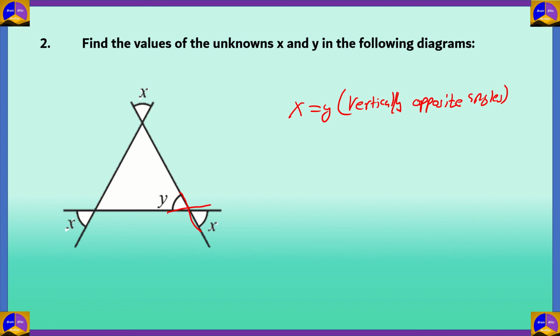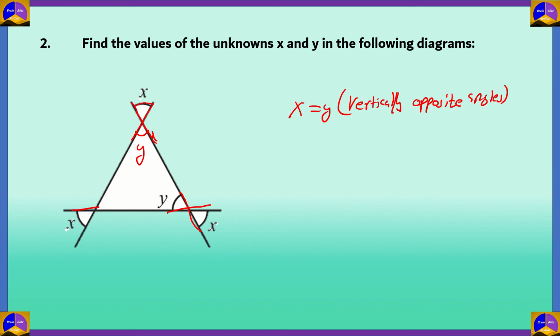Now let's look at the other x. So in this x, this is vertically opposite to this angle, and vertically opposite angles are always equal, so this angle can be written as x. But since x is equal to y, this angle can also be written as y.